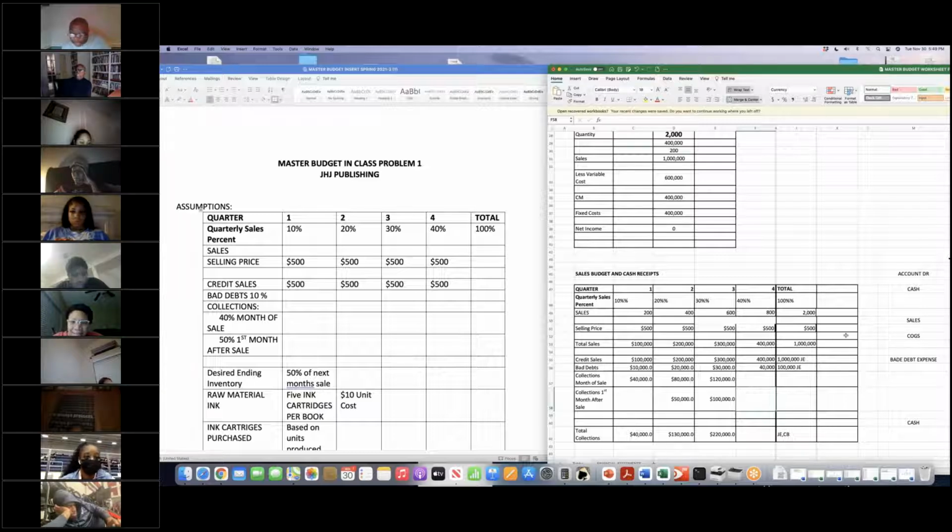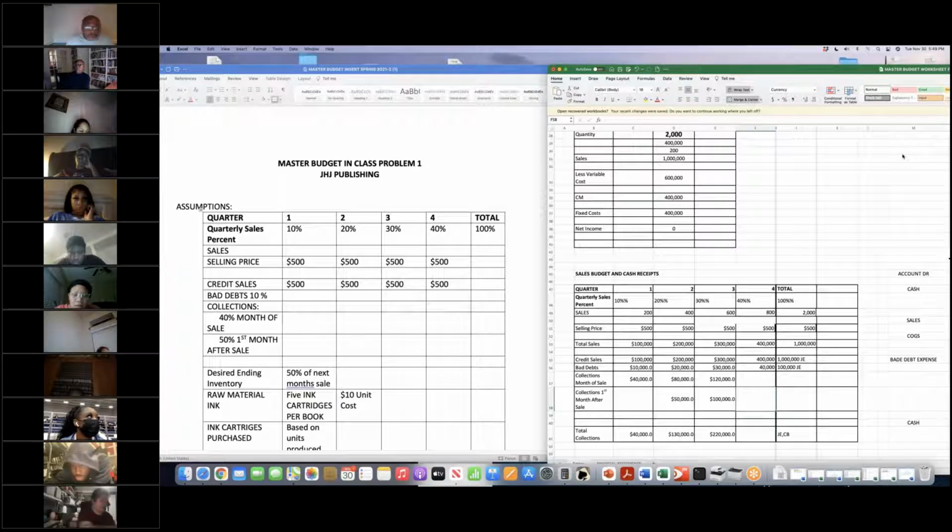How much is collected in quarter four? 160. How did you get 160?